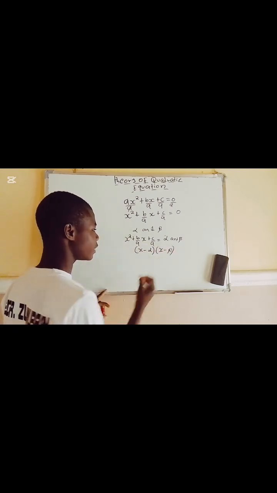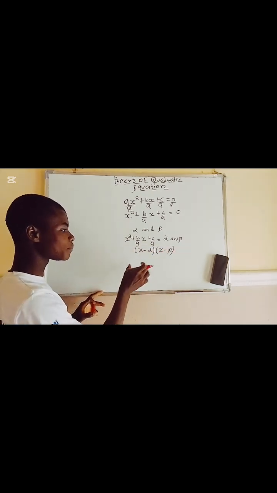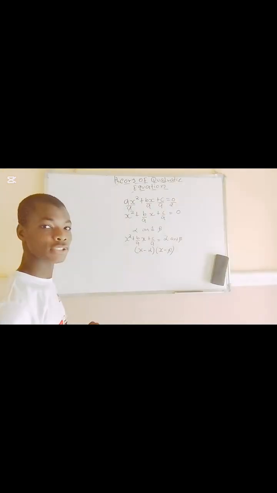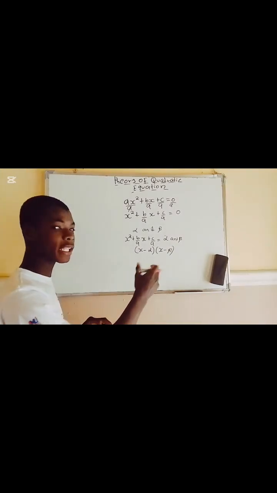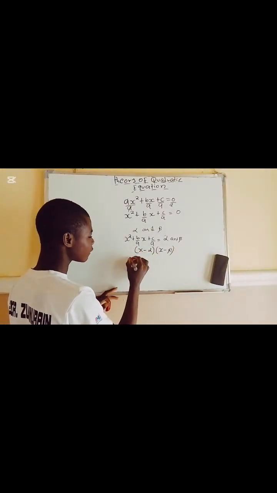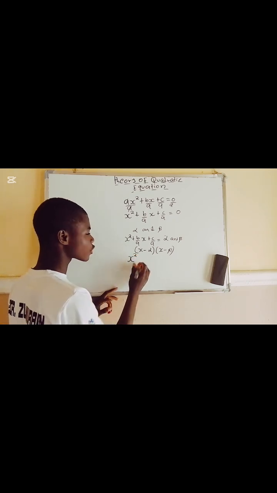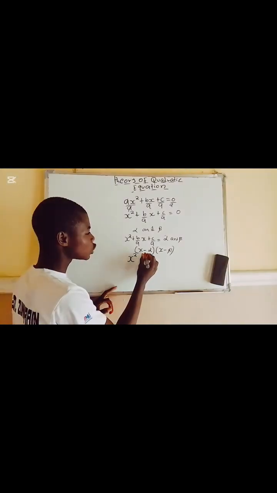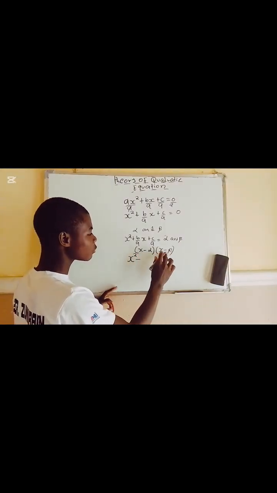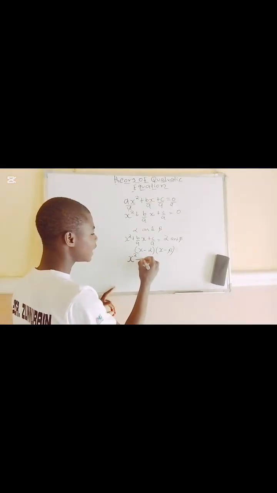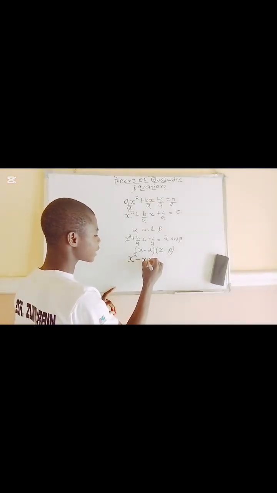Let me expand these brackets, let me multiply the first bracket and the second bracket. So if I say x multiplied by x, it will give me x squared, and x multiplied by beta will give me negative x beta.